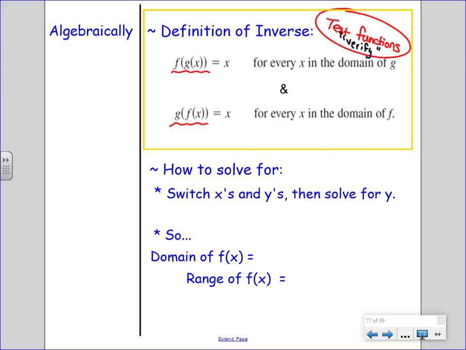And when we plug in, if everything goes away but the x, all the addition, the subtraction, the multiplication, the powers, the roots, if everything goes away except for the x after we simplify, then those two functions truly are inverses. And if they're inverses, it would work the other way as well. Plugging in f into g, everything once again would be simplified out except for the x.